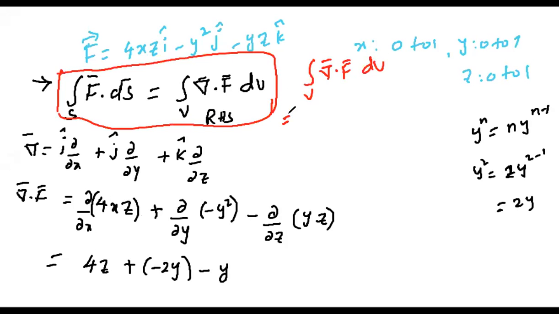I have to substitute: integral of 4z minus 2y minus y, which is minus 3y. Yes, sir. So this is what I got, then dV. This is a volume integral. So what do I have to do here? Tell me.